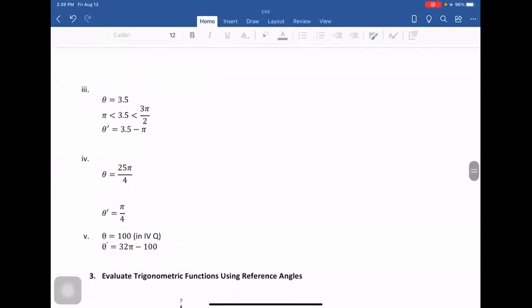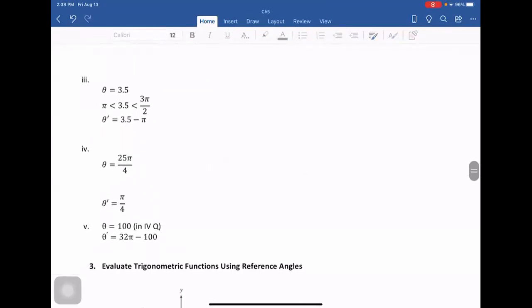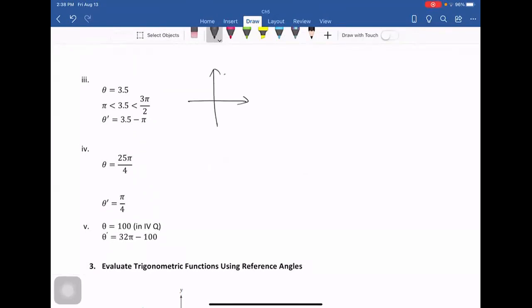Let's continue to the next one. Theta equals 3.5. We have learned that in degree form, this is 0, 90, 180, 270 degrees. In radian form, this is pi over 2, pi, 3 pi over 2. This is 0, and one full rotation is 2 pi. How about 3.5?